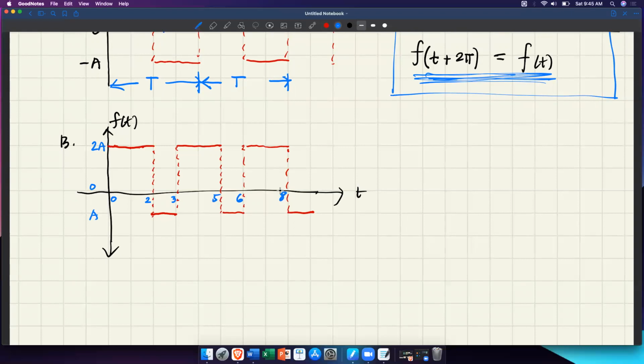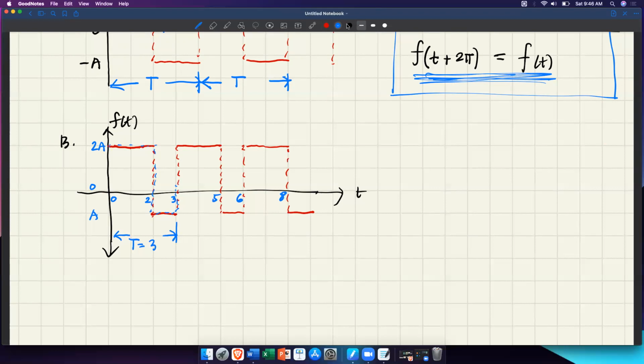By inspection, you can determine the period to be equal to 3, because you have here one complete cycle. So the period is equivalent to 3.